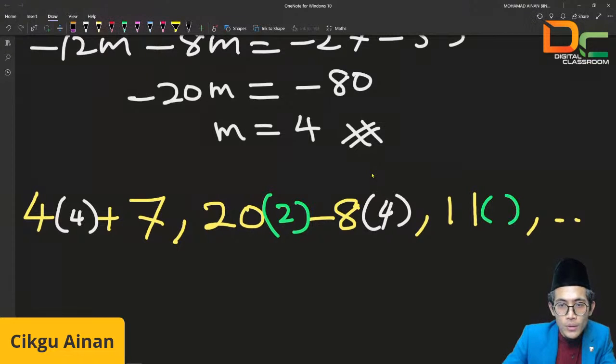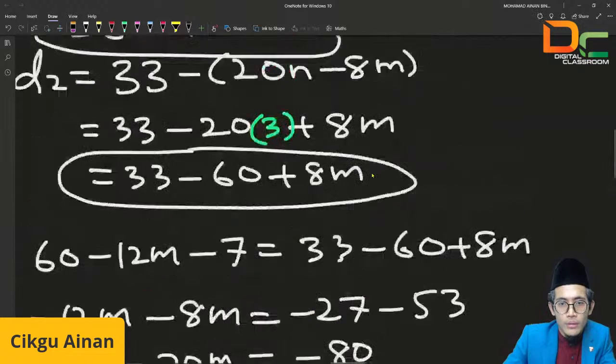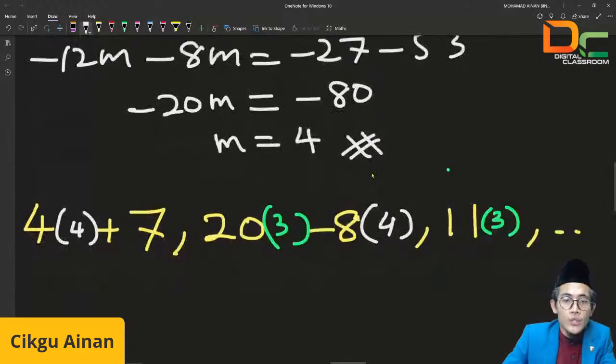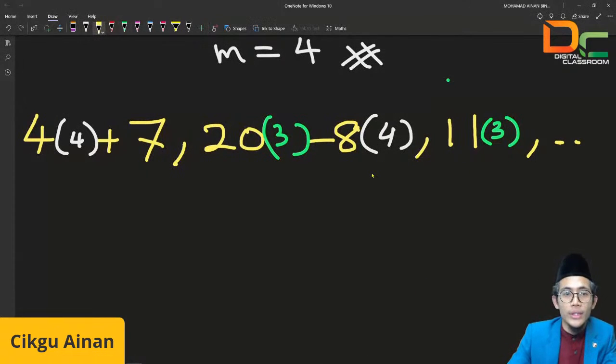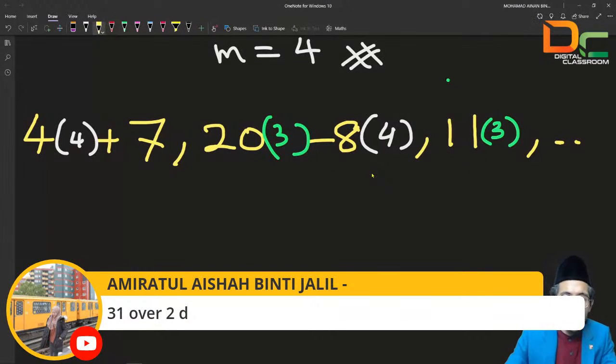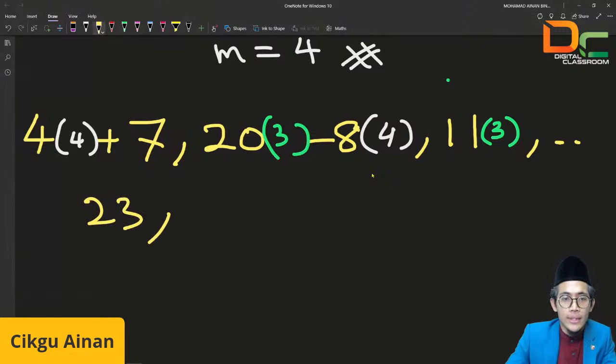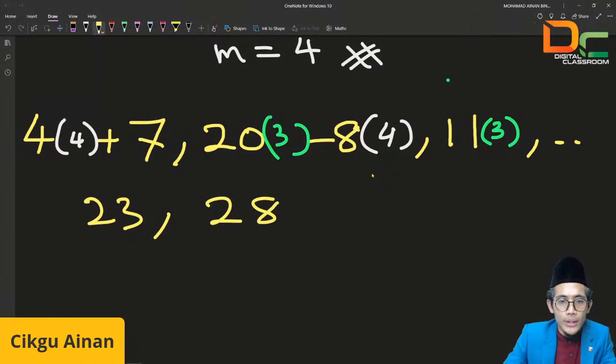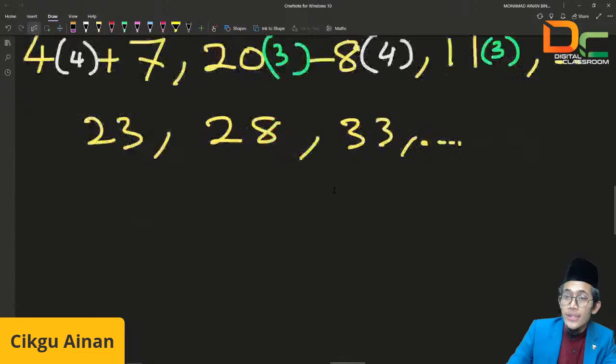This one also 3. Sorry. So this one, we get the 16 plus 7 is 23. 23, and then this one is 28, and this one is 33, and so on. Okay, so this is the sequence.